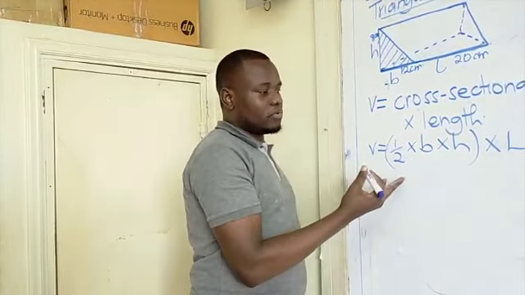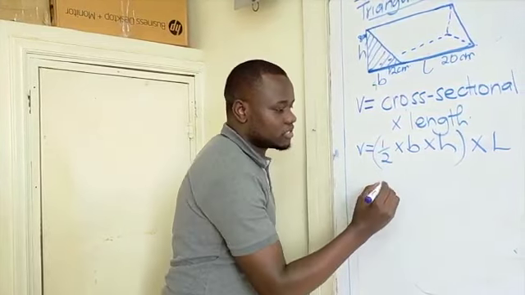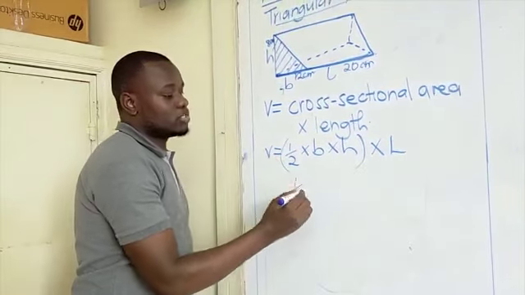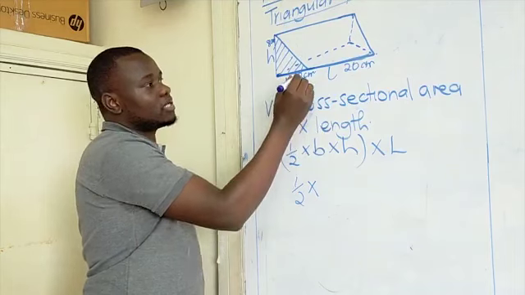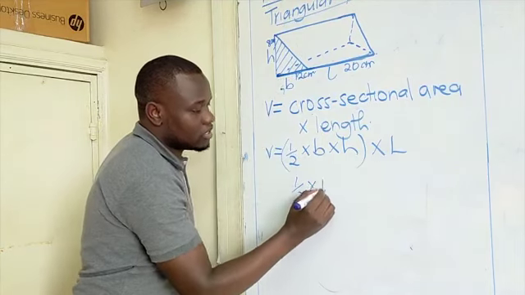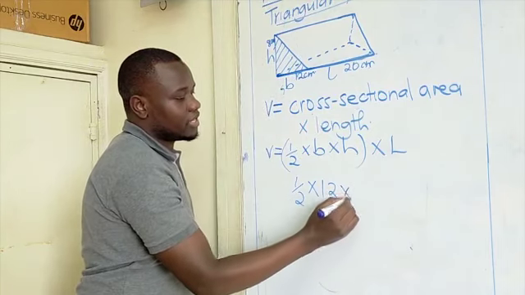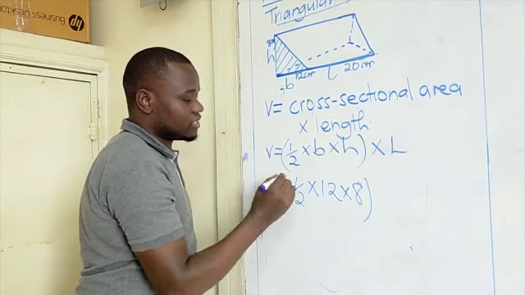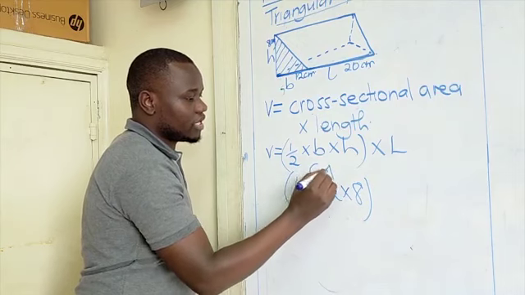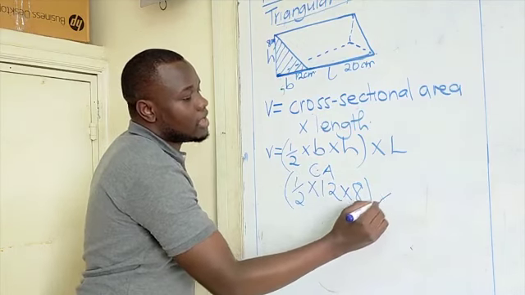Write the area of the triangle, which is a half, multiplied by the base. We have said our base is what? 12 centimeters, so times 12. What's our height? Our height is 8 centimeters, and this is what we call the cross-sectional area. Then you multiply by our length.